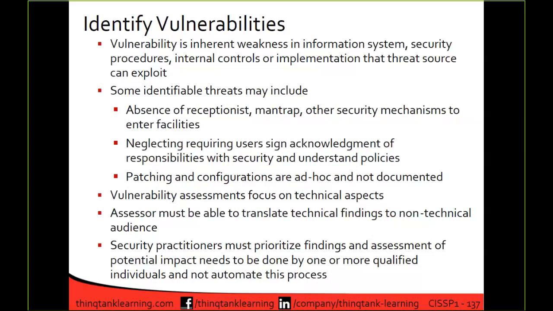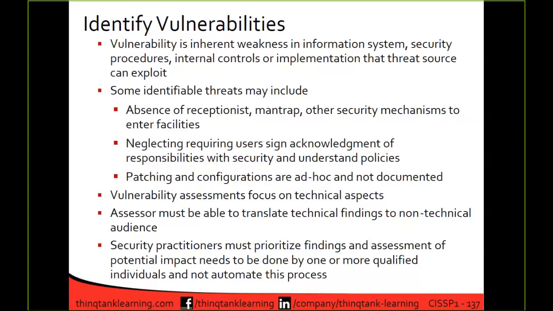Generally speaking, most vulnerability assessments focus on technical aspects, but that's not necessarily always the case. In fact, the absence of a receptionist or a mantrap is not necessarily a technical control. That's more of a physical control. Generally speaking, in IT speak, though, we're usually concerned about technical controls, right?